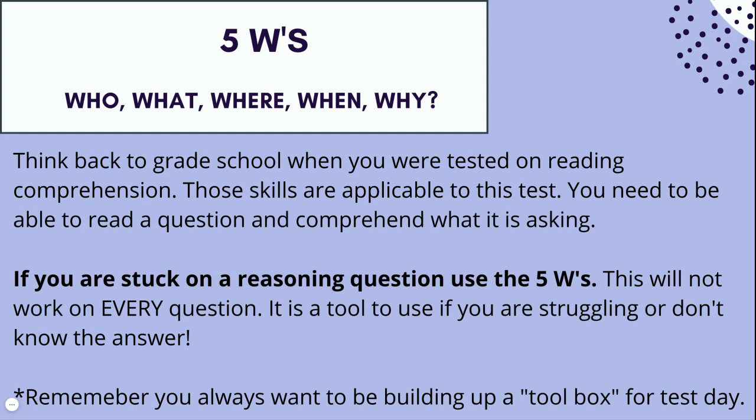If you're stuck, think of these 5 W's. It's not going to work on every question. It's a tool to use if you're struggling or you don't know, so that you're not just going to say, oh, I have no idea. You pick an answer and you move on. Think of these 5 W's and use it to your advantage. And like I said, remember, you're always building up that toolbox. You want to have tools that are going to help you get towards success on test day.